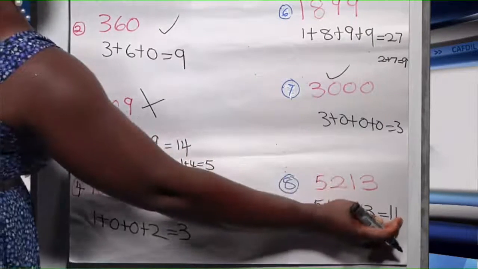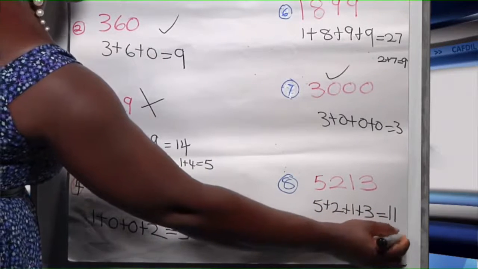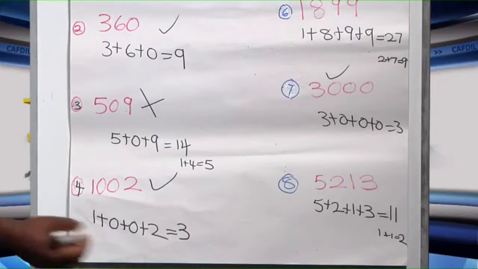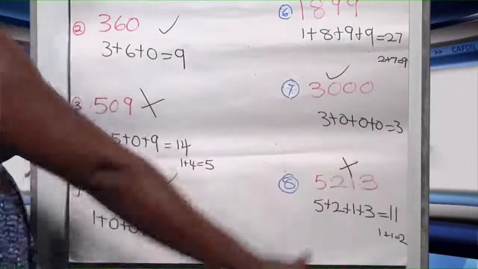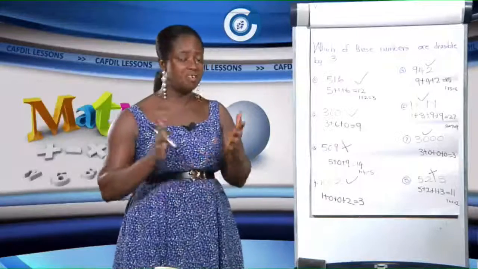And even the 11, 1 plus 1 is 2. Is 2 a multiple of 3? No way. Therefore, 5213 is not divisible by 3. If we divide 5213 by 3, there will be a remainder. So it is not divisible by 3.